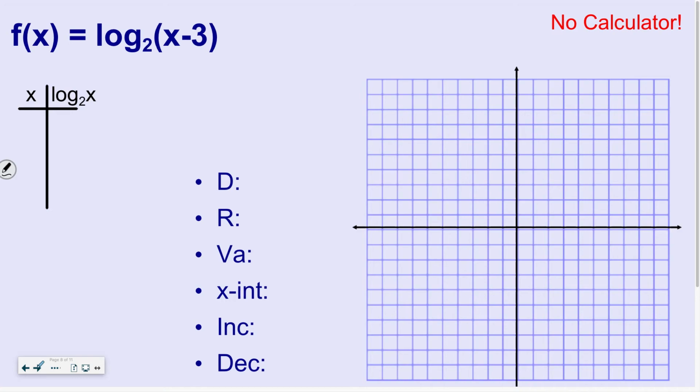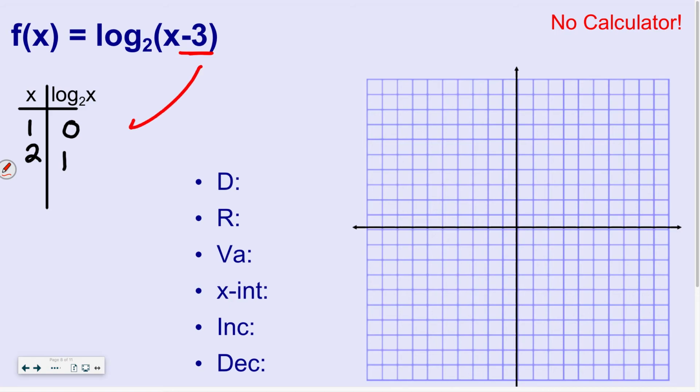So if I'm doing log base 2 of x, I'm going to put in 1 and 2, and that'll give me 0 and 1 by the properties of logs that we discussed earlier. I already have those points. And then I'm just going to use my transformation. Since this is x minus 3 in parentheses, what direction is my graph moving?